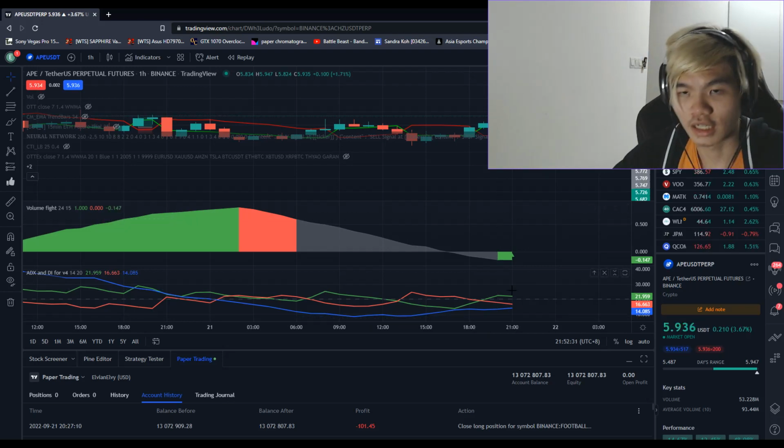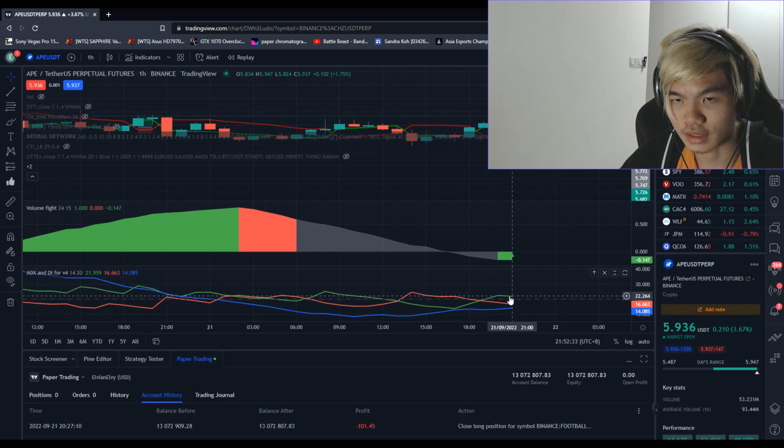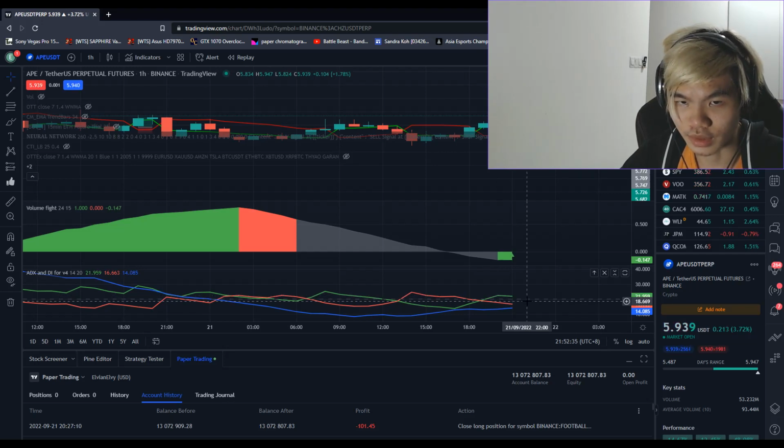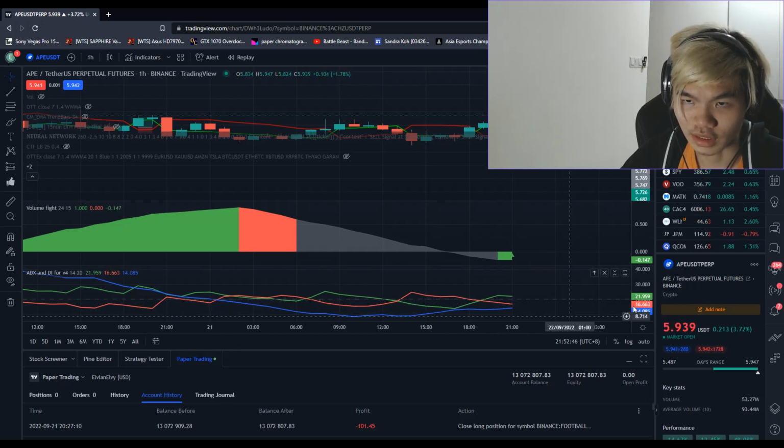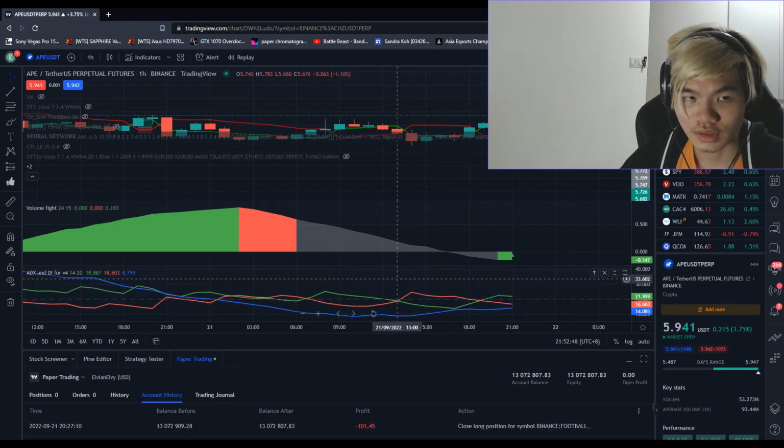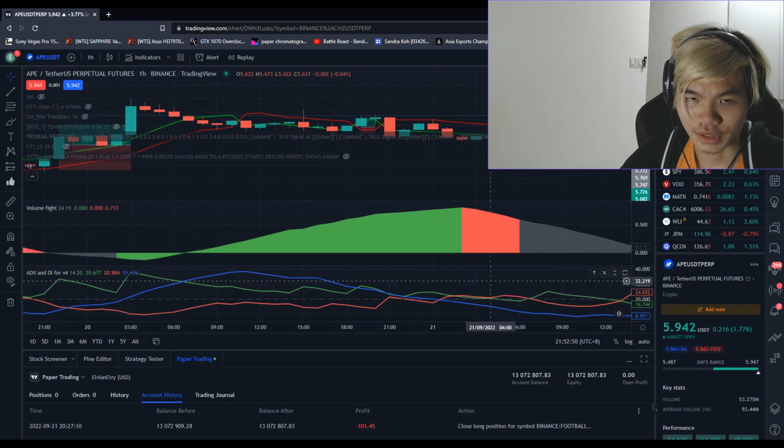Oh, sorry, my bad. Okay, if the green color line is going downwards, the blue color line should be going downwards too. And if the red color line is going upwards, it's a bearish signal, and the blue color line will go up towards 20% as well.